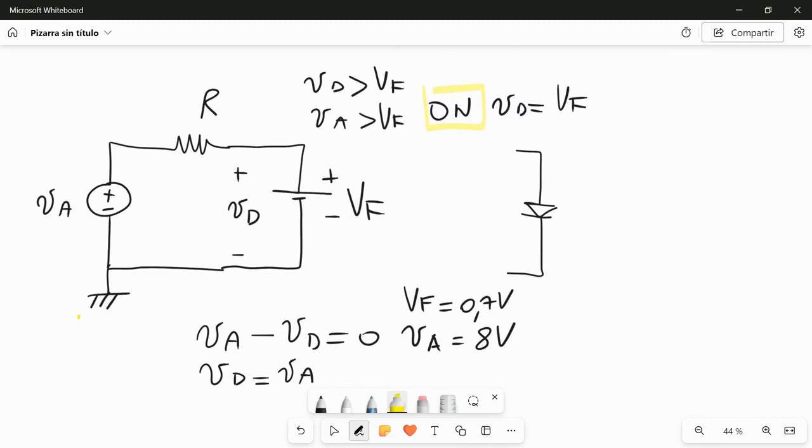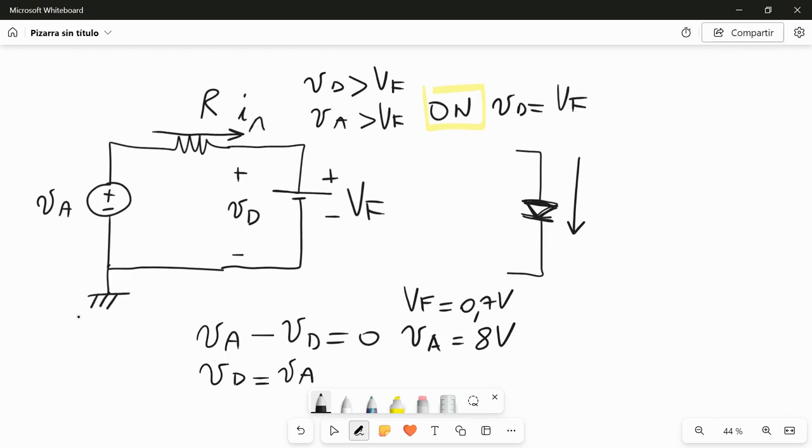So now the mesh is closed. So we will have some current flowing. And actually we know that the current flows when the diode is on in the direction of this arrow. Okay, so this is the reason for this symbol. When this diode is on, the current flows in this direction. So in this mesh, we have a current here. We can call it IA, for example.